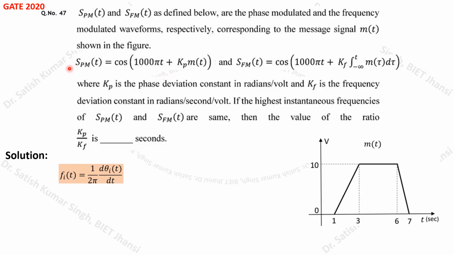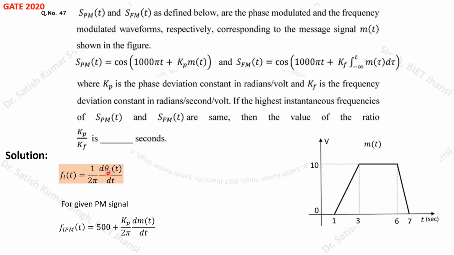For the phase modulated signal, θi(t) is 1000πt + kp m(t). So for the phase modulated signal, the instantaneous frequency equals 500 + kp/2π · dm(t)/dt. Just differentiate this expression with respect to time t and multiply by the factor 1/2π, and you will get this expression.